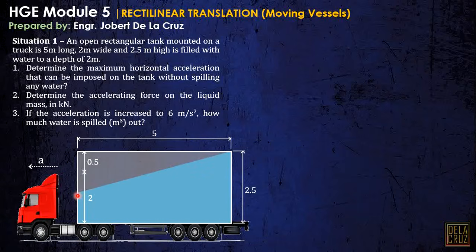Of course, for it not to spill, the water should only reach up to this point. No? It should only be up to that point. Now, in order for us to calculate the maximum acceleration without spilling, in the formula we have tangent theta is equal to a over g. Of course, no problem with the gravity. What we need to get is the theta.